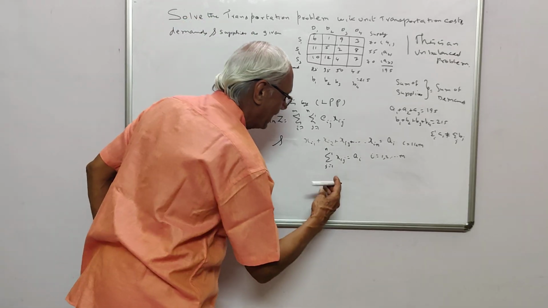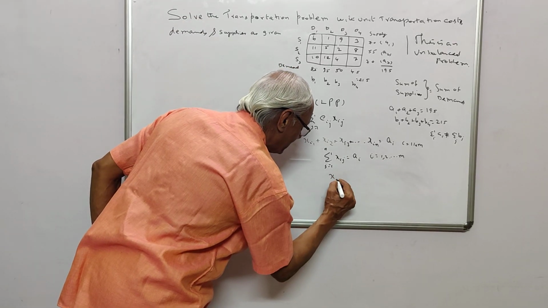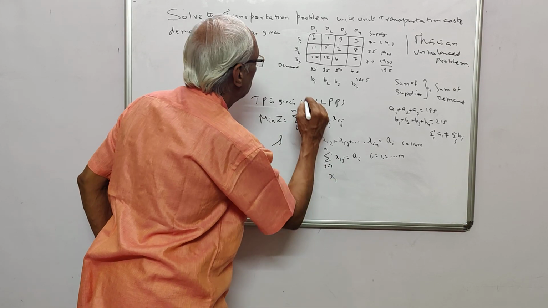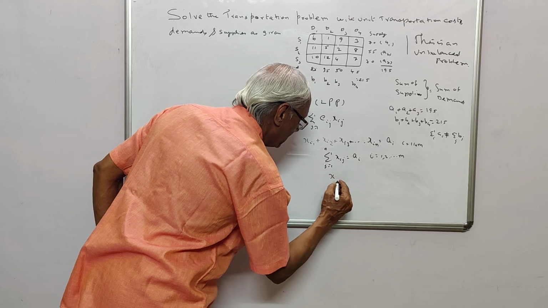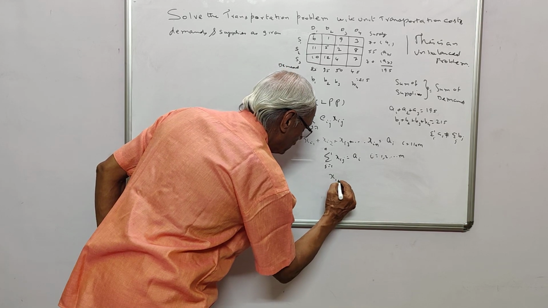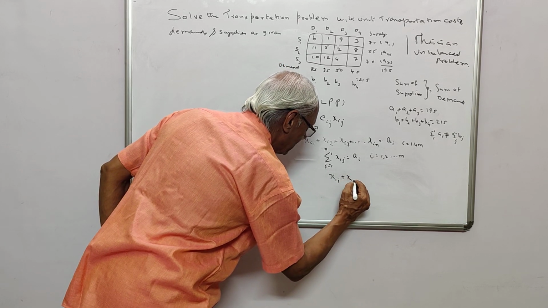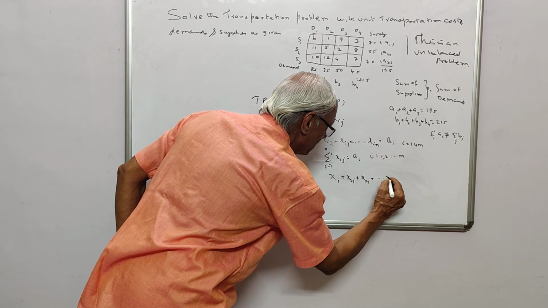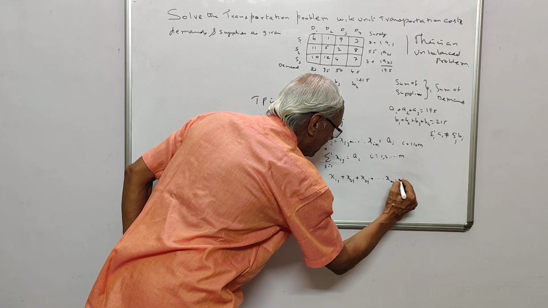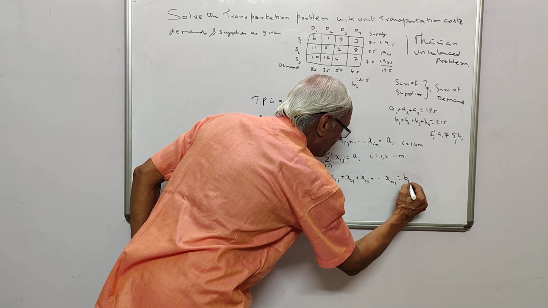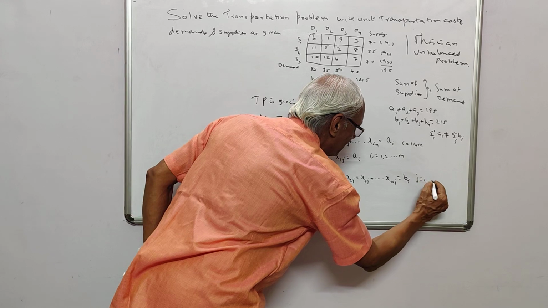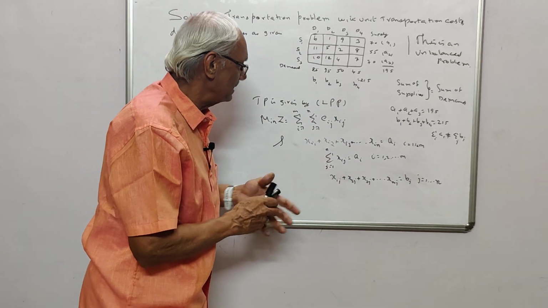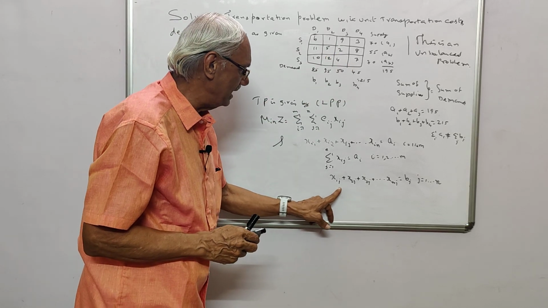So this we put like this: X1j plus X2j plus X3j plus up to Xmj is equal to Bj, where j is varying from 1 to n. Now take the jth destination.